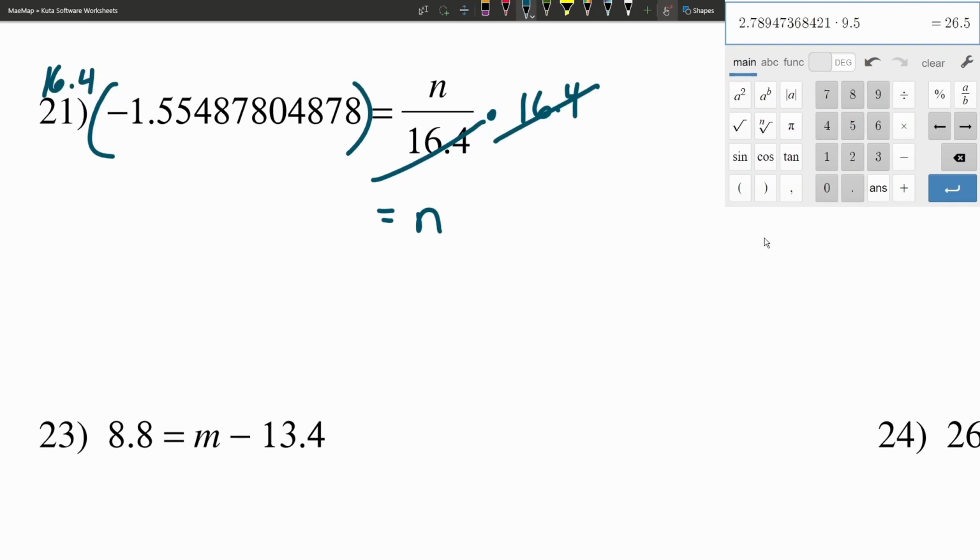Doing this on our calculator, definitely don't really want to do that one longhand. 16.4 times negative, well, we know ultimately our answer is going to be negative. So if you want to write negative now, feel free to, but I'll just finish this out. Negative 1.55487804878. Negative 25.5 for number 21.